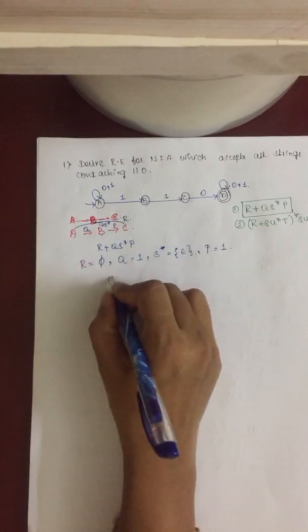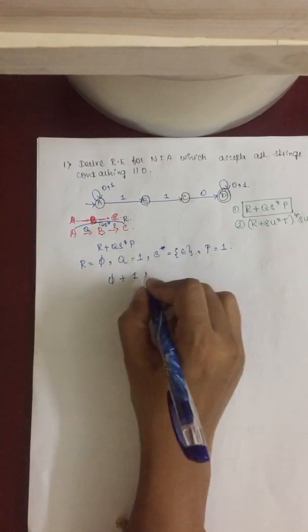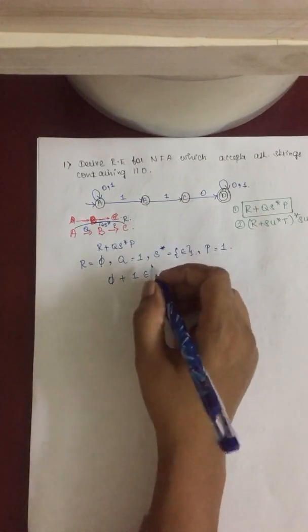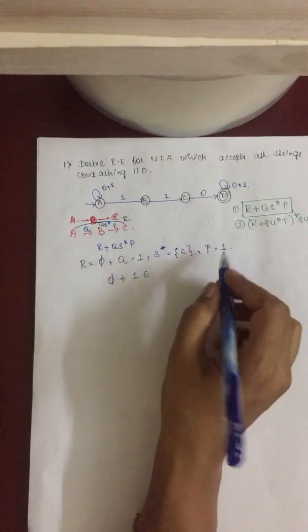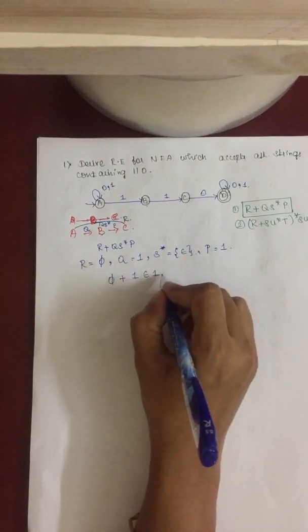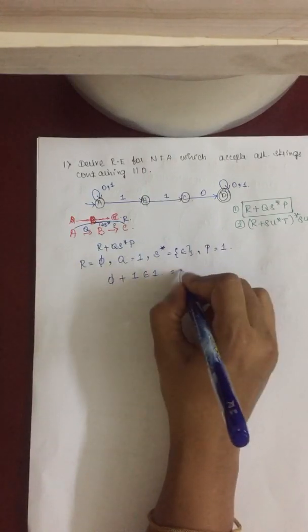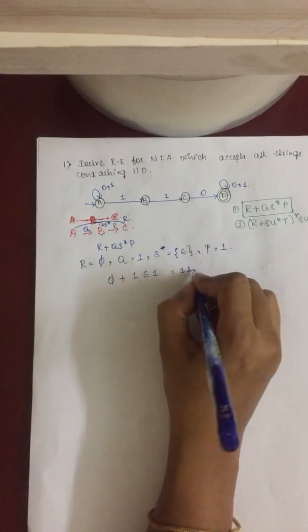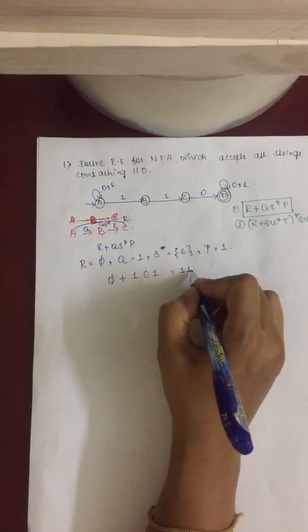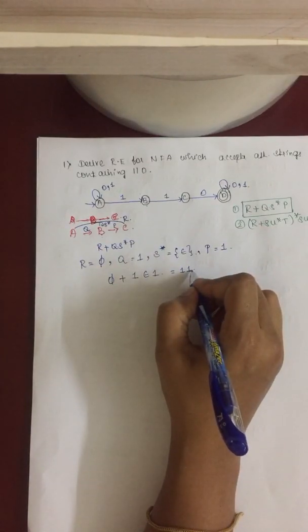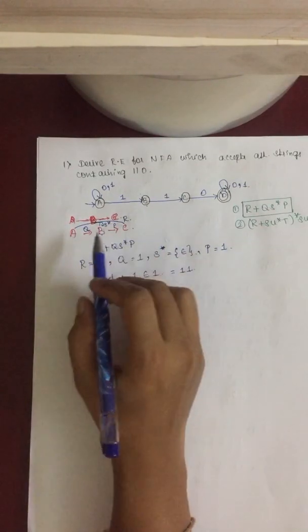R is null, plus Q is 1, S star is epsilon, right? Then the P value is 1, right? So finally 1 dot epsilon dot 1 is going to be 11. This 11 input symbol will be written for the A to C connection.